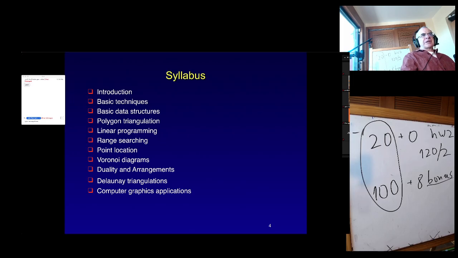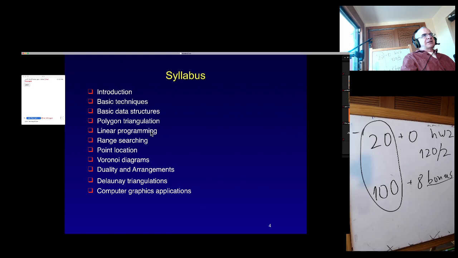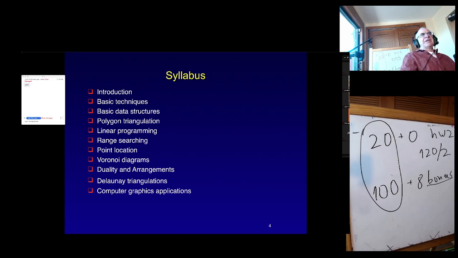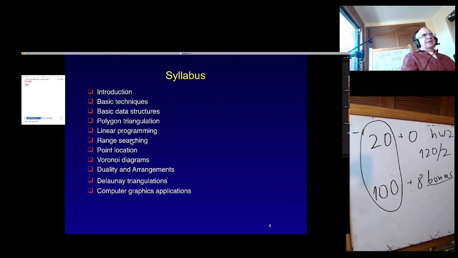So we'll talk about linear programming and some of the contributions that computational geometry made to linear programming as a whole. We'll talk about range searching. I have a lot of data from geographic information systems, GIS, and I have the populations of all the cities in the state, and now I want to ask who lives in some region, or how many people live in this region.